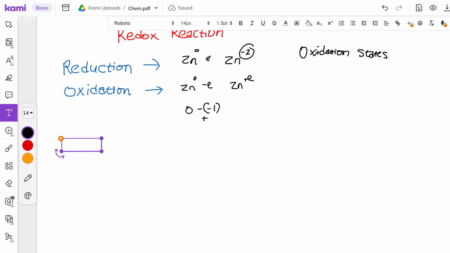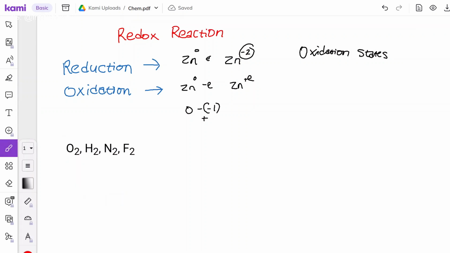So the first rule to remember is that elements in their natural states usually have an oxidation state of 0. So elements like these would always have an oxidation state of 0.